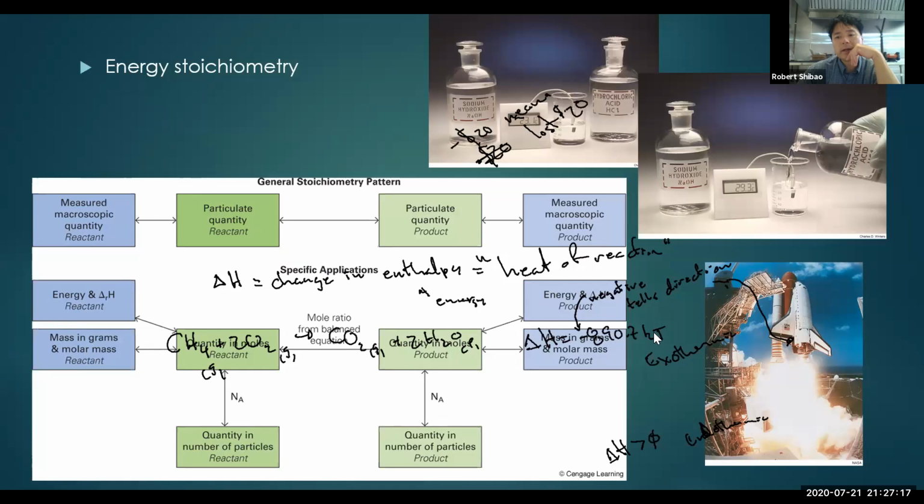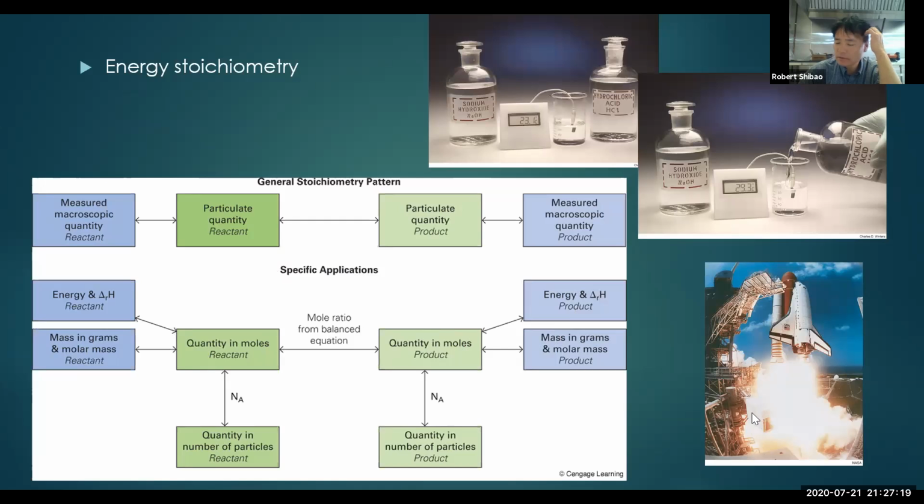So we can do energy stoichiometry. For example, if I burn 2 pounds of methane, I'm going to have twice as much heat. 3 pounds of methane is going to give me 3 times as much heat. But I can do it in different ways. This is stoichiometry, and so energy is associated with all the quantities. Now, energy in conversion factors is going to be like this. I have the balanced chemical equation.